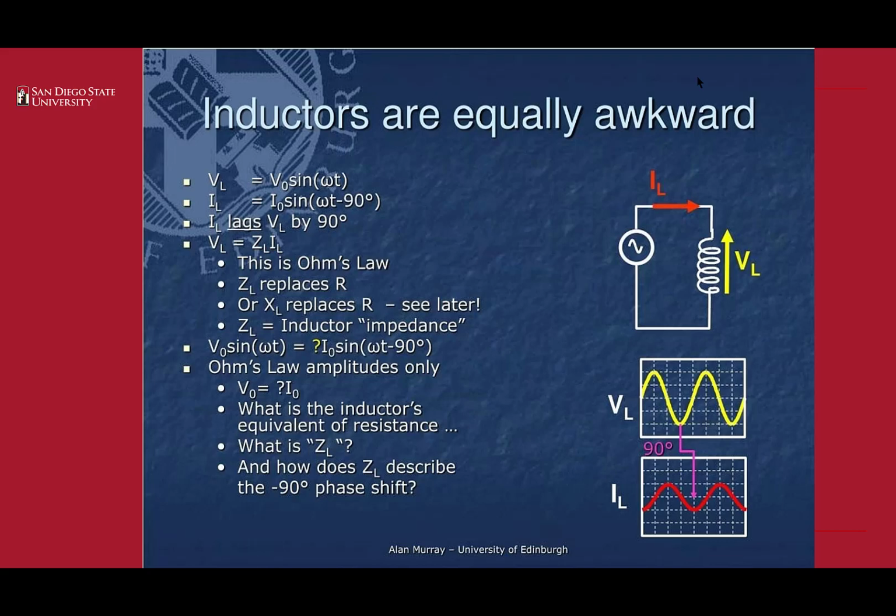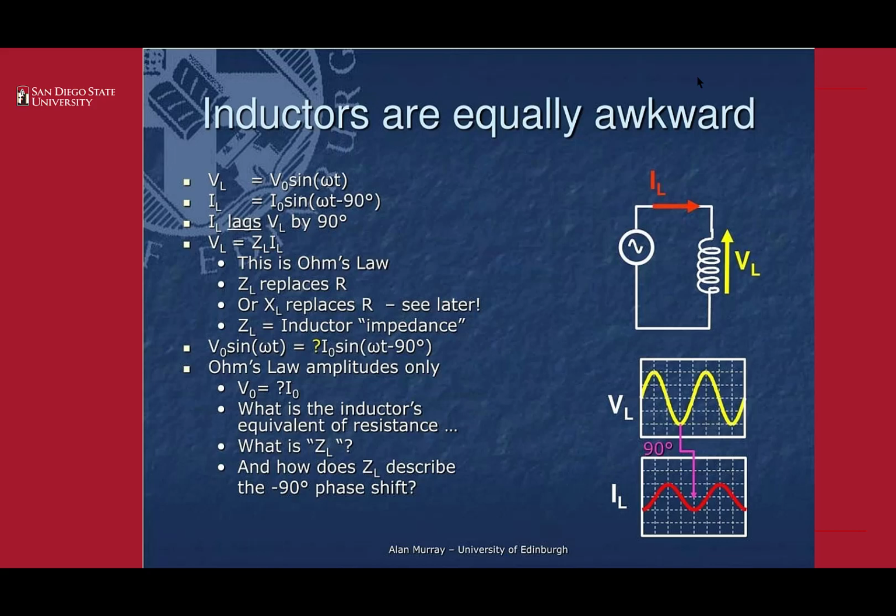And from Ohm's law, we get VL equals ZL times IL, and here ZL replaces R. And in other terms, XL replaces R. But if we have more than one device, then we have to calculate ZL from XL.